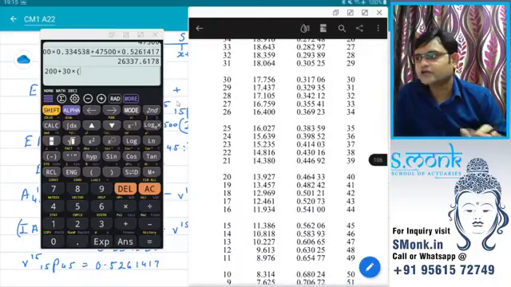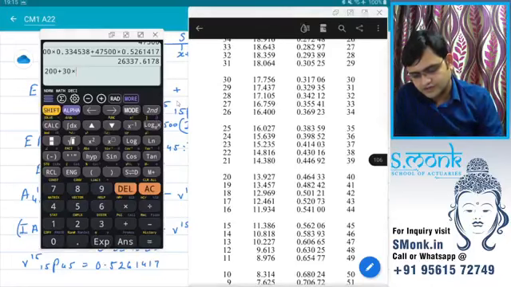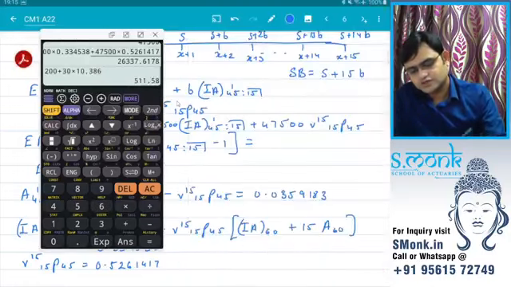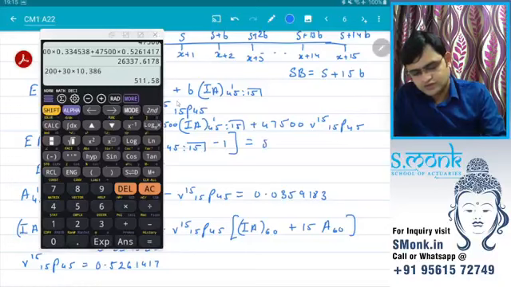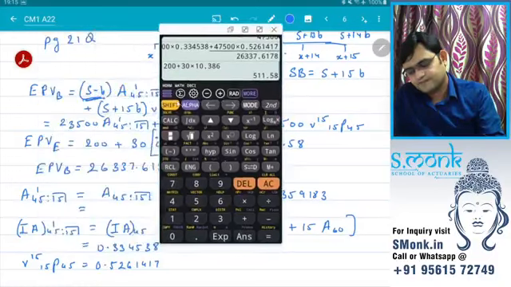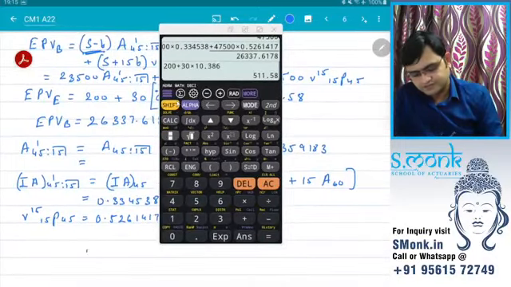I'm subtracting one, so I will directly write it as 10.386. These are expenses. So therefore our premium will be addition of these two.